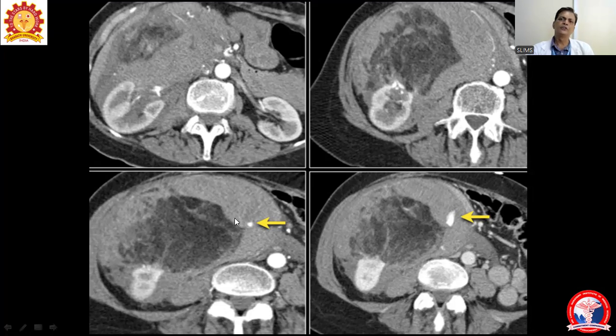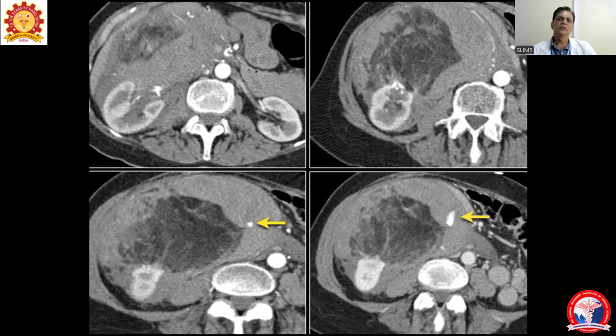Here again, I would like to mention two very important points. One is that angiomyolipomas more than 4 centimeters have more tendency to bleed. So they are categorized as more than 4 centimeters and they are important because they may bleed in the future. So that is one point. Above 4 centimeters is important.